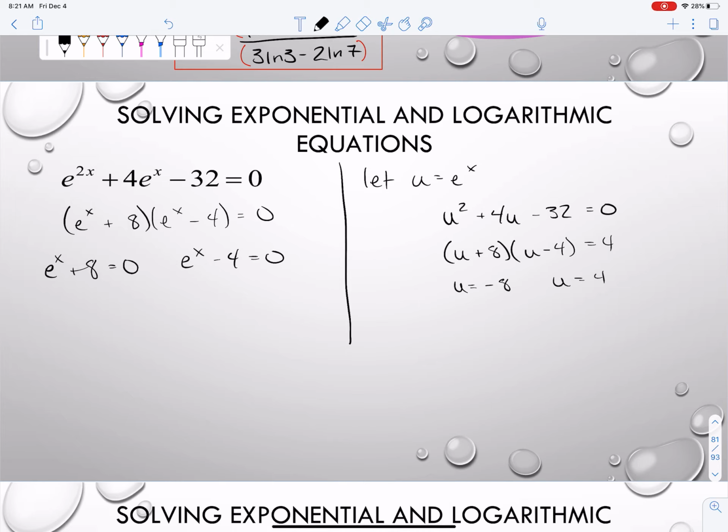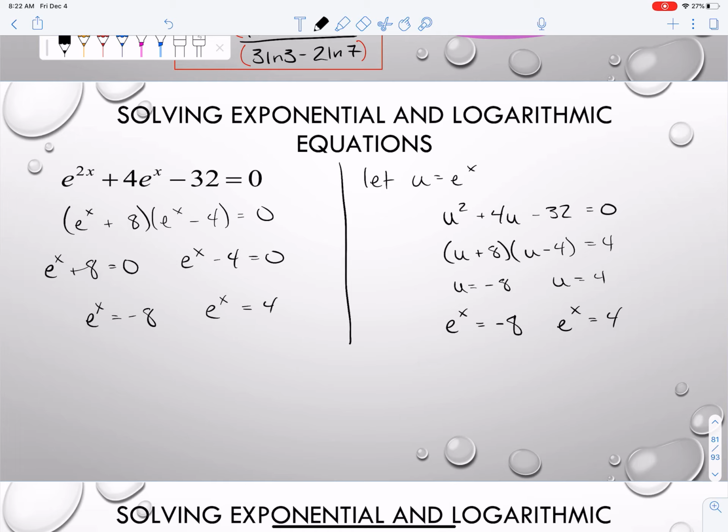When I go to solve, I'm going to have e to the x equals negative 8, and e to the x equals 4. Now over here on the right, at this point I had u equals the 2 quantities. I have to do the backwards substitution and write e to the x equals negative 8, and e to the x equals 4. So I'm at the same place here at this point now.